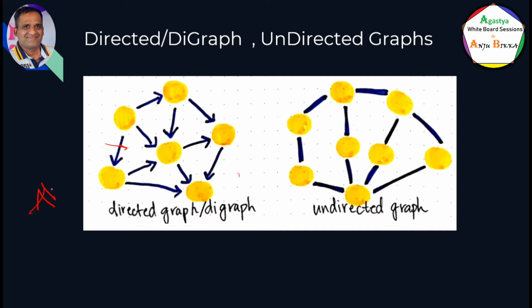This is very important: either all are directed or all are undirected. If the graph contains all directed edges, it is called a digraph or directed graph. If all edges are undirected, it is called an undirected graph.